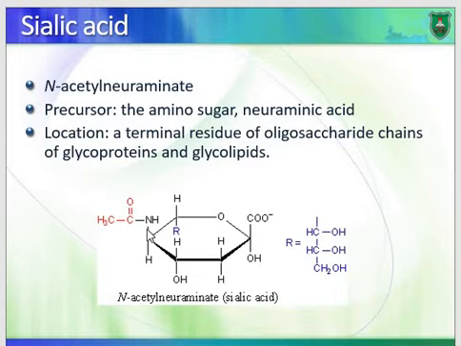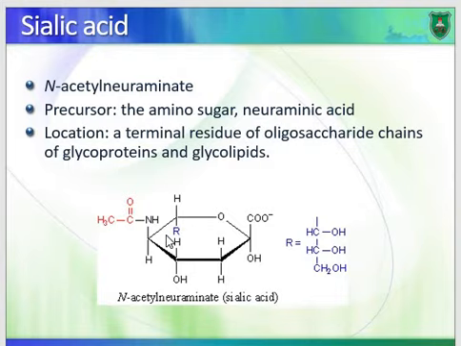The precursor of it is an amino sugar, neuraminic acid. Okay, so it's an N-acetylneuraminate. So we're adding this acetyl group to this structure of neuraminic acid. The other name of it is sialic acid.